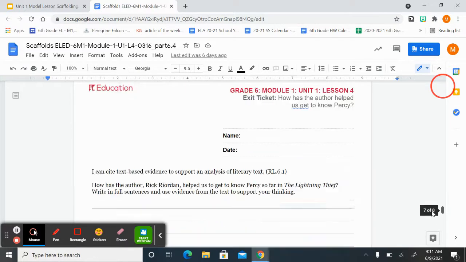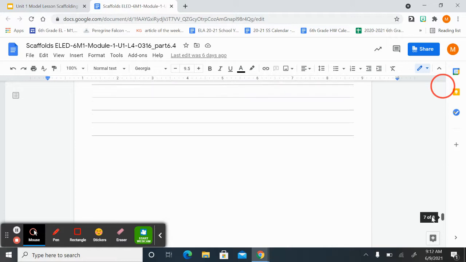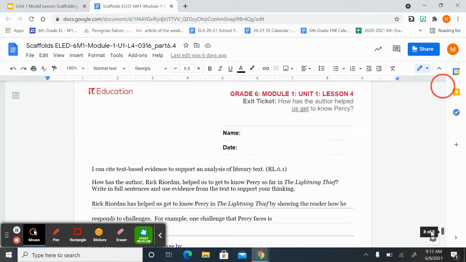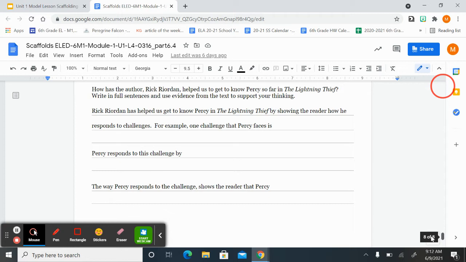You will also see the original exit ticket, as well as the scaffolded version, with provided sentence frames for students who need support with their writing and organization of their ideas.